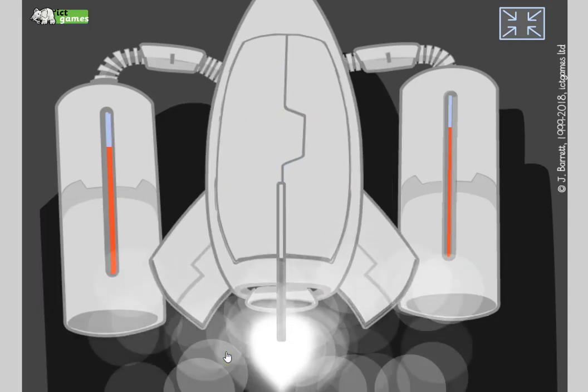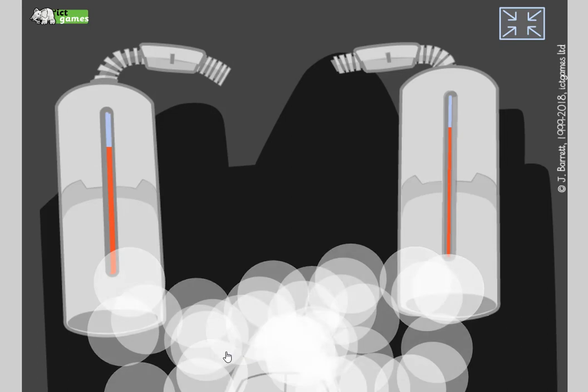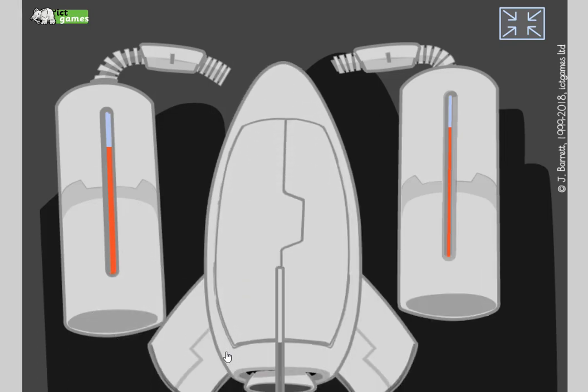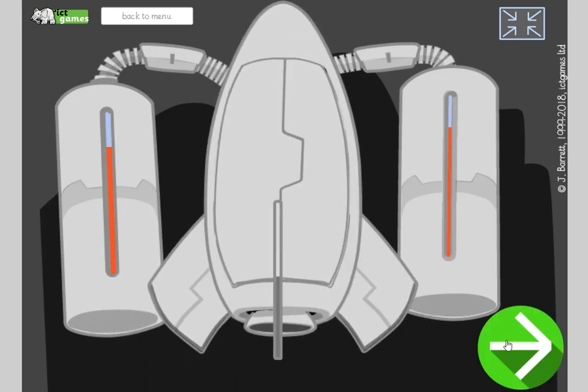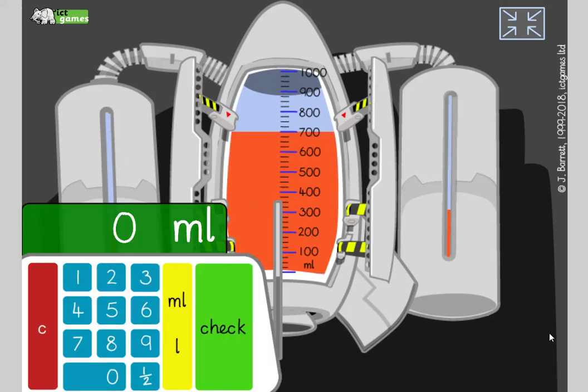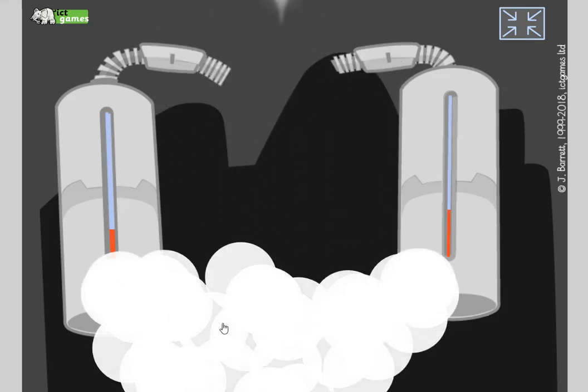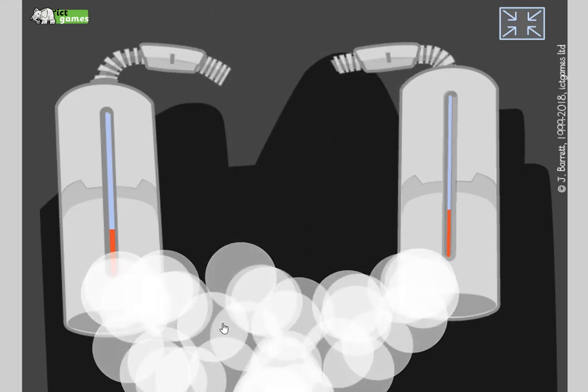Here comes the next one. Whoa. How much is in there now? 700 milliliters.